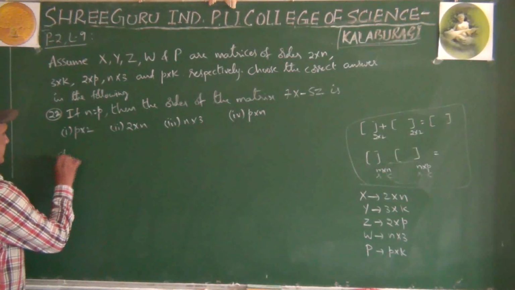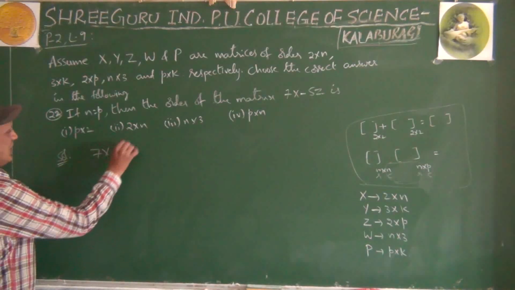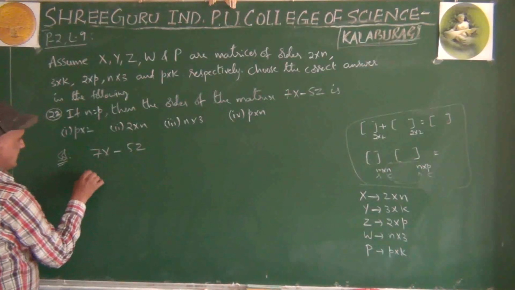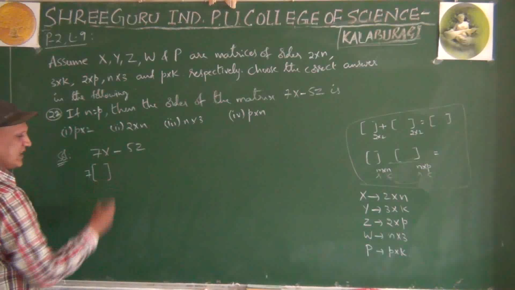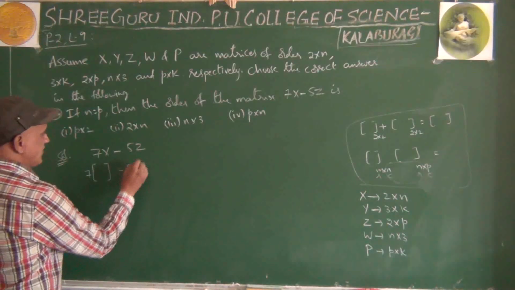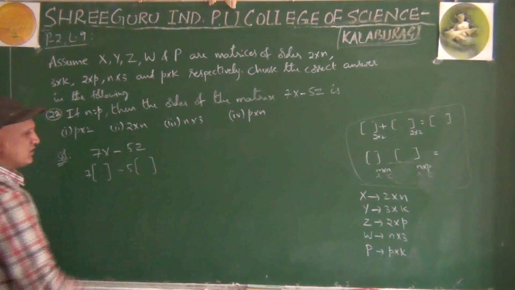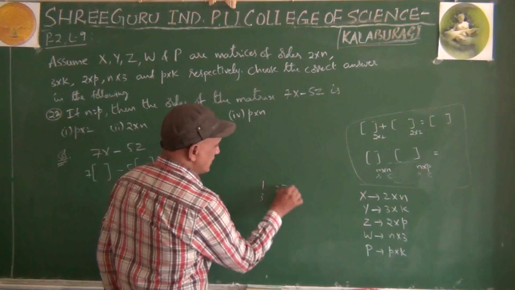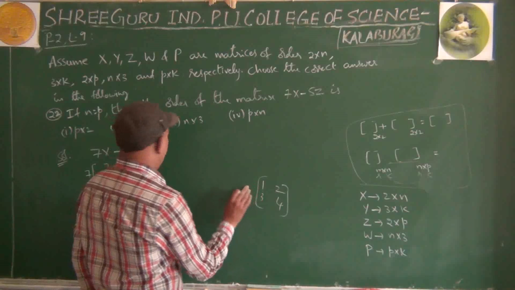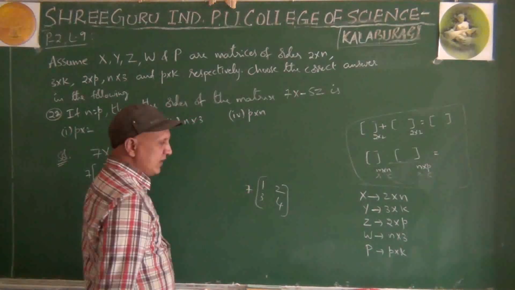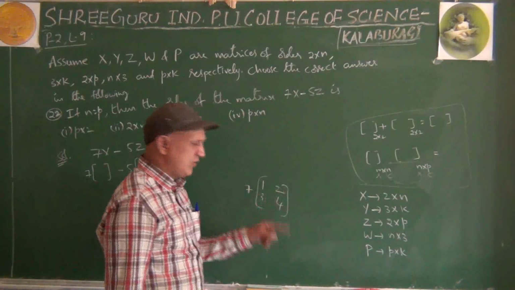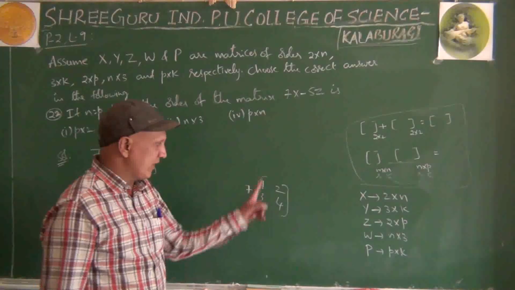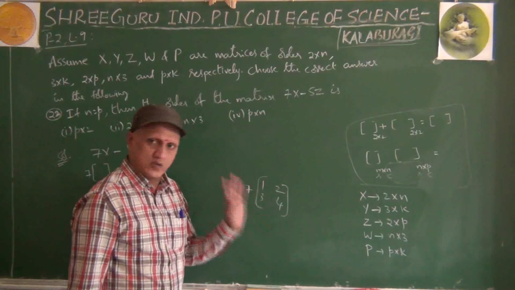7X minus 5Z. 7 into X is one matrix, minus 5 into Z is another matrix. Take the matrix 1 2 3 4 and multiply with 7. What is the order for the matrix 1 2 3 4? 2 by 2.